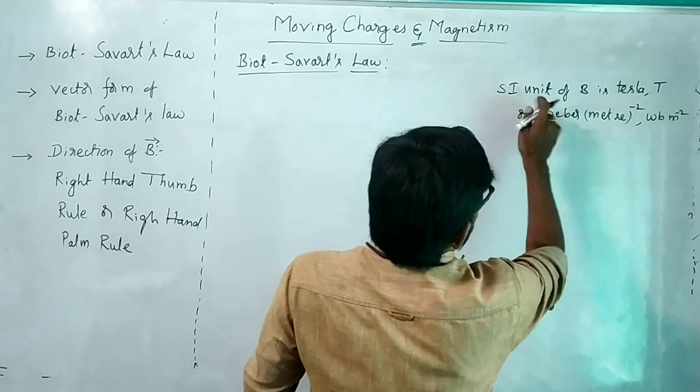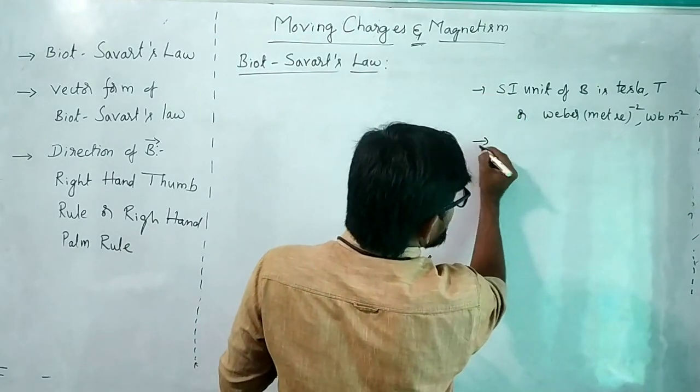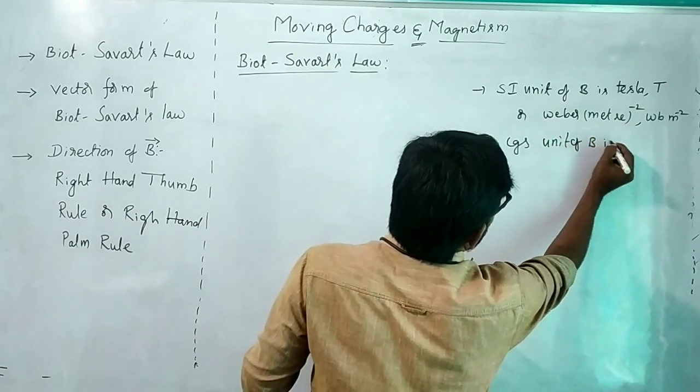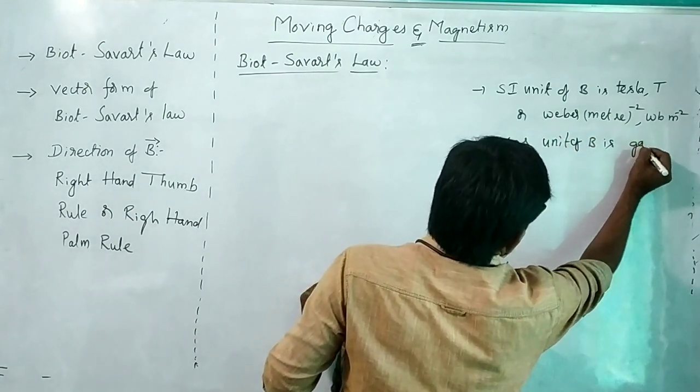This is the SI unit of magnetic field. Whereas the CGS unit of magnetic field is Gauss.